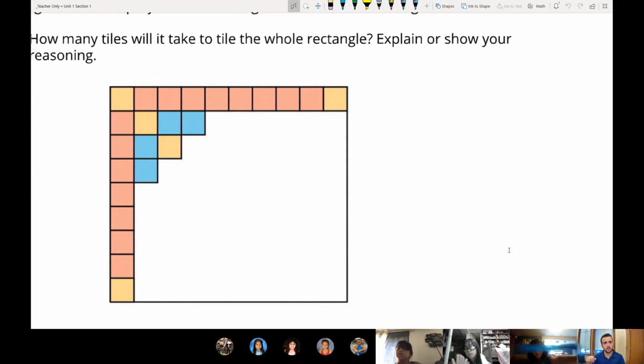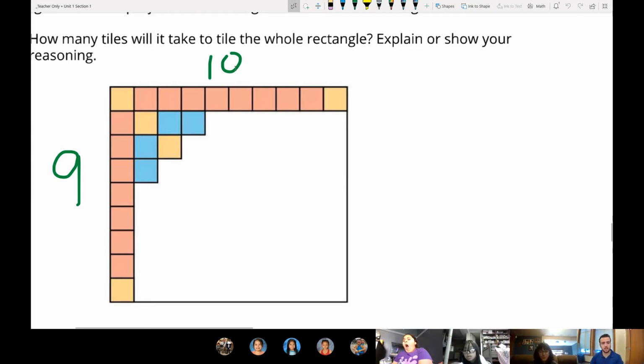This side. Yes. All right, so there are 9 there. The top there's 3, 4, 5, 8, 9. And then there's 10 columns going down. All right, so there are 10 on the top, 9 on the side.